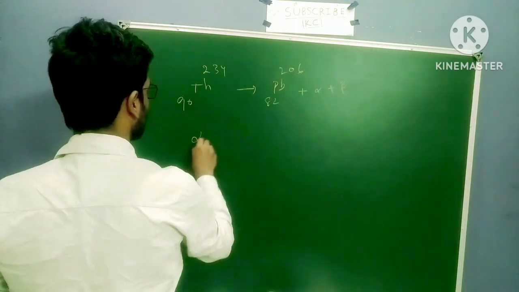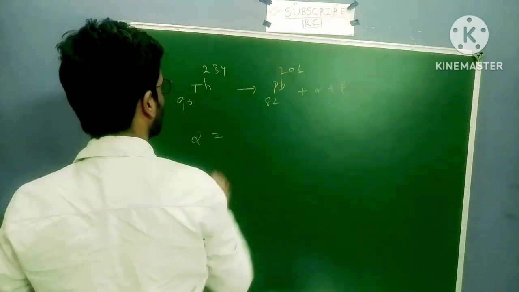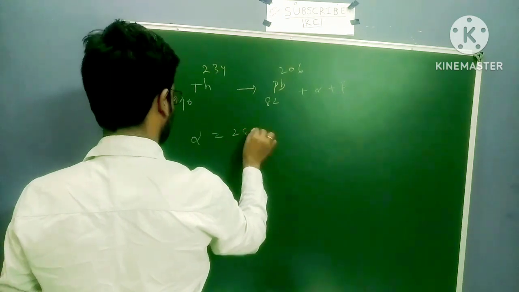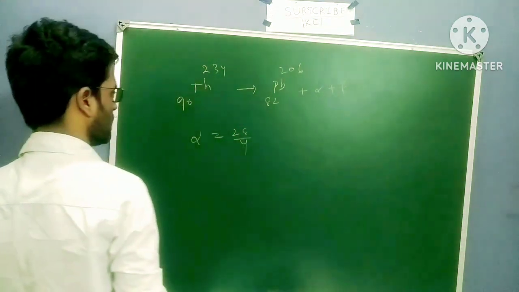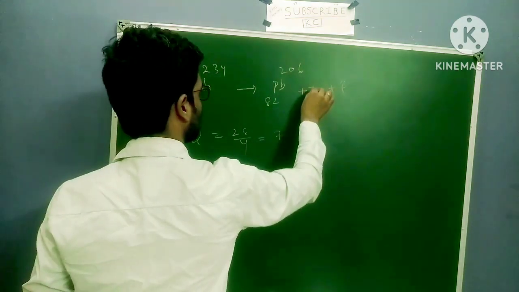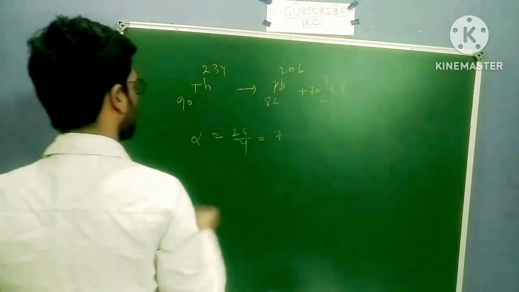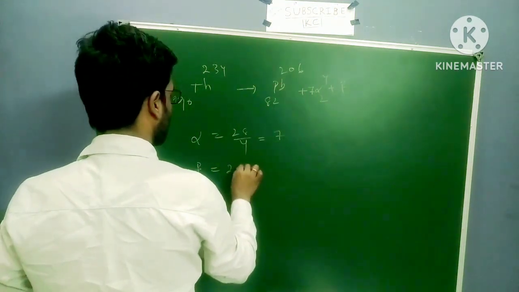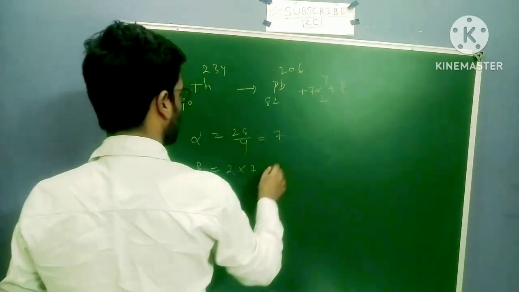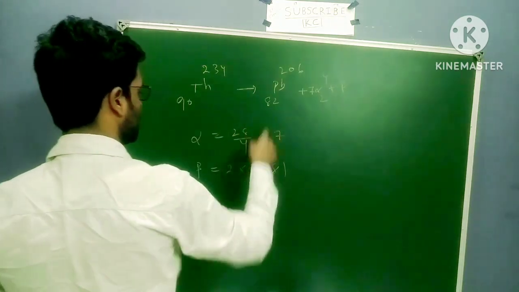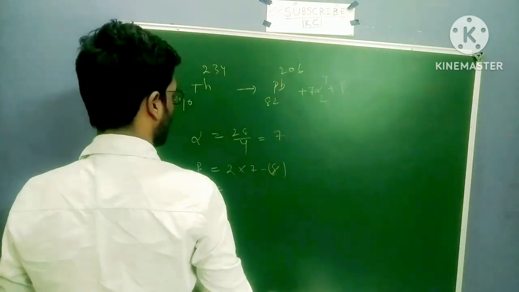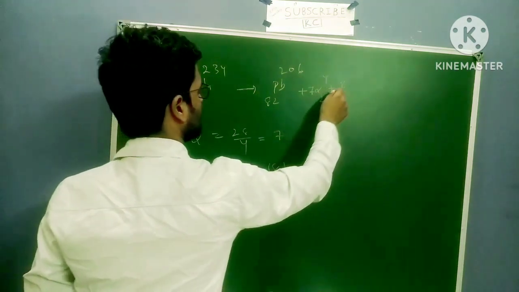The first formula: number of alpha particles equals the difference in mass numbers, 234 minus 206, which is 28, divided by 4, so 7. So totally 7 alpha particles. Number of beta particles equals 2 into alpha minus (Z1 minus Z2), that is 2 into 7 minus (90 minus 82), which is 14 minus 8, so 6 beta particles.